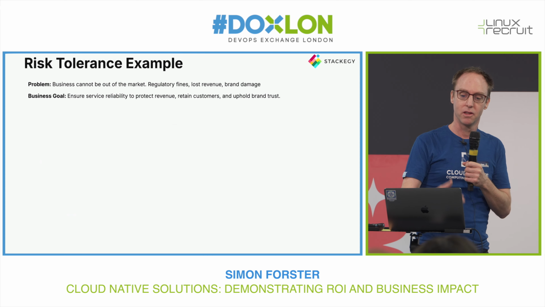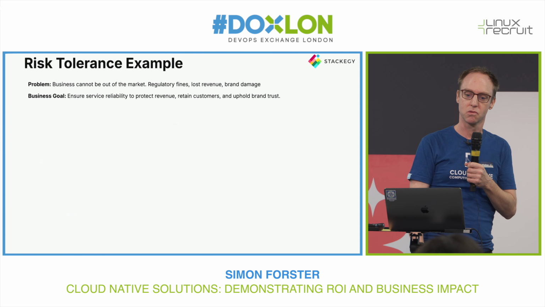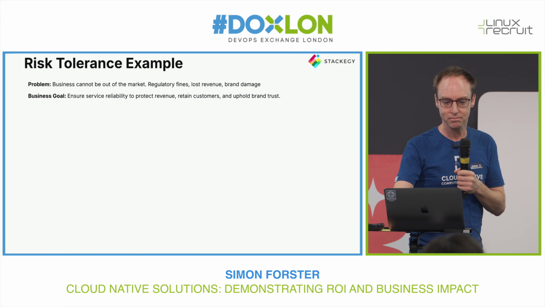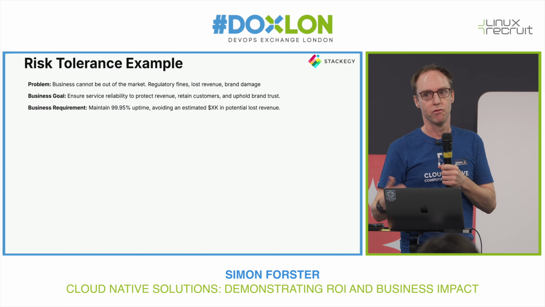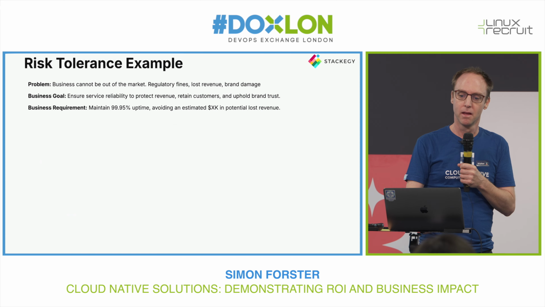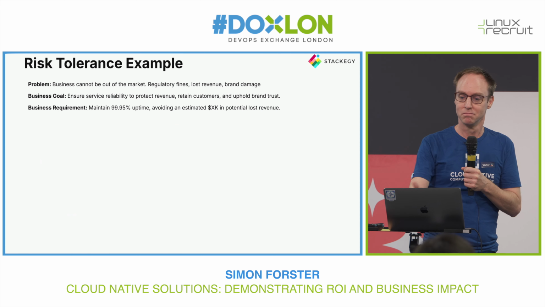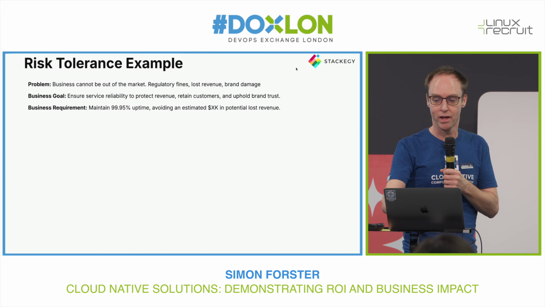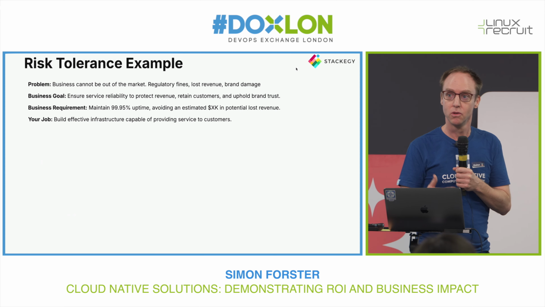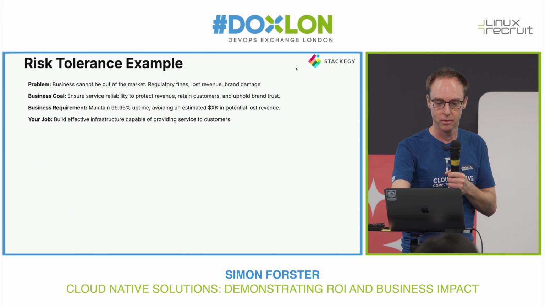Obviously, the goal for our businesses is retaining reliability, protecting revenue, and retaining our customers. So we might have a goal of 99.95% uptime, and we might work out what we're going to save as a result of that. Our job is to go and build infrastructure to service these customers.